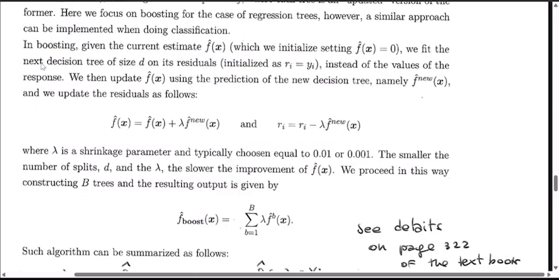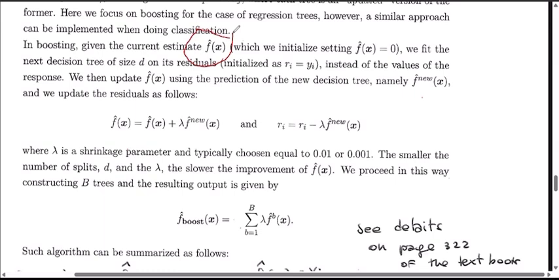If you take a look at boosting, you have a current estimate. What do you want to boost? If you want to boost something, you start with an initial something, and you keep boosting it until you get to a point where you say, okay, this is the end of it.